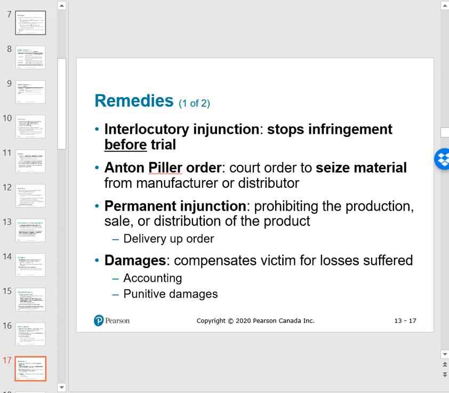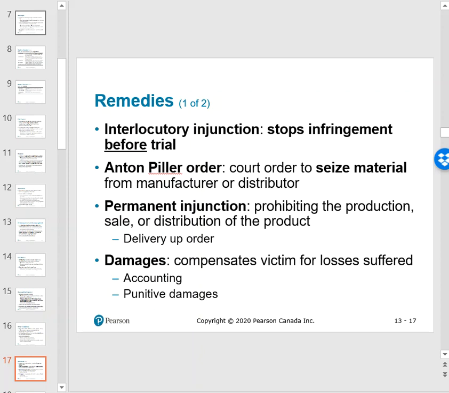This Anton Piller order is an order which allows the court to seize offending material. So again, I believe you are keeping, let's say, illegal files in your laptop. If I'm suing you, when you get the civil claim, you would likely want to destroy your laptop computer, so that you would destroy the evidence.